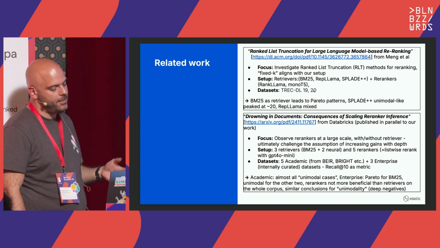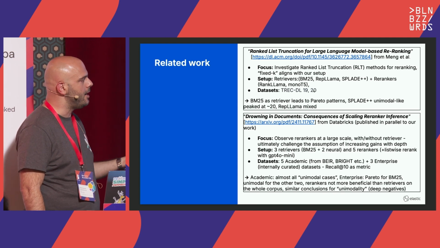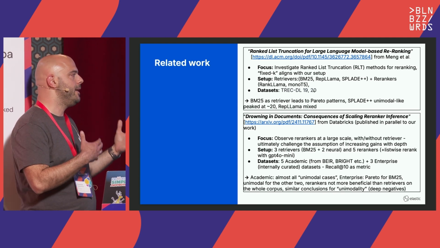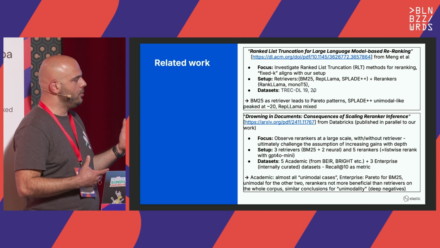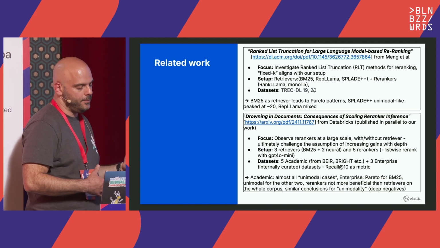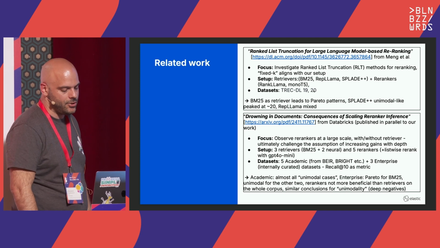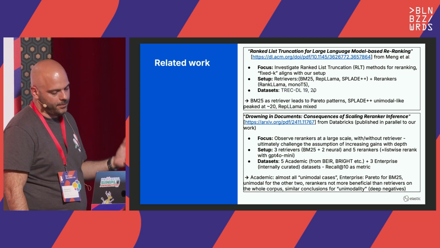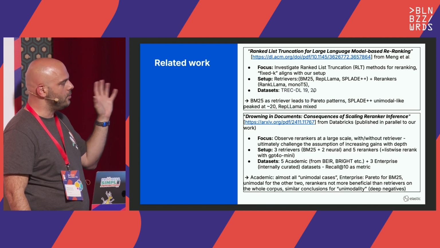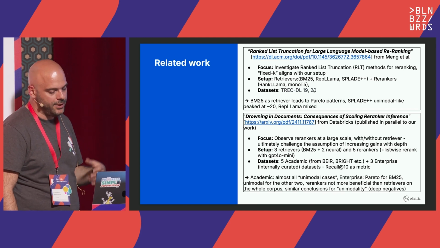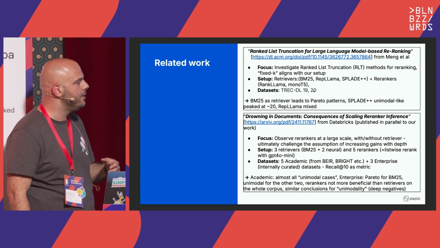And finally, there is a paper from Databricks, which was published in parallel to our work. It's actually very close to what also led to our investigation. What the authors are doing is challenging the assumption of increasing gains with depth.